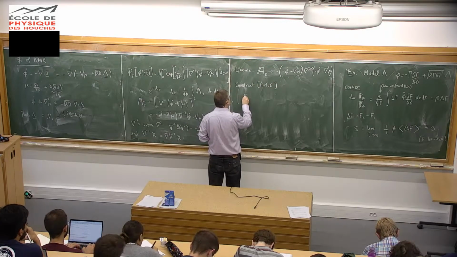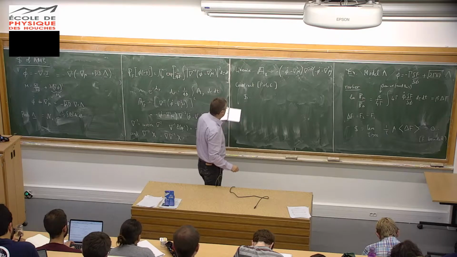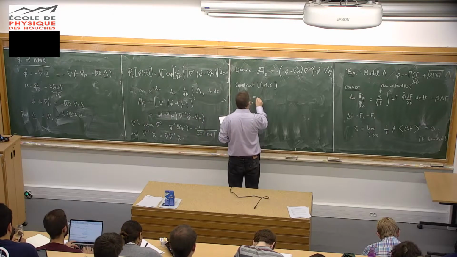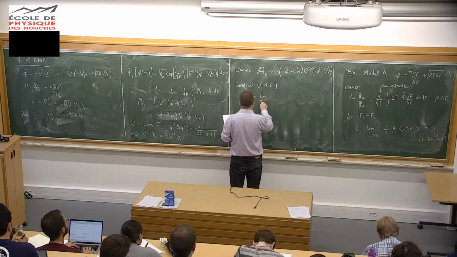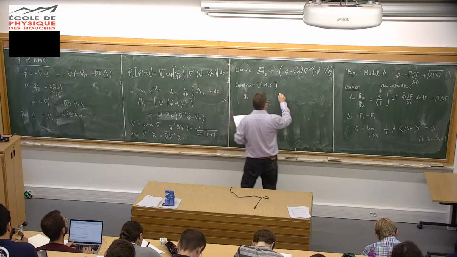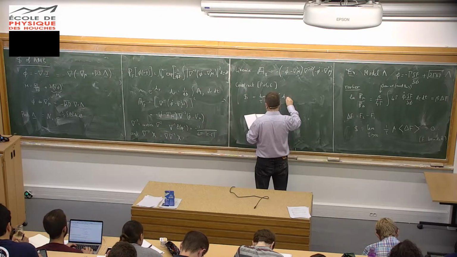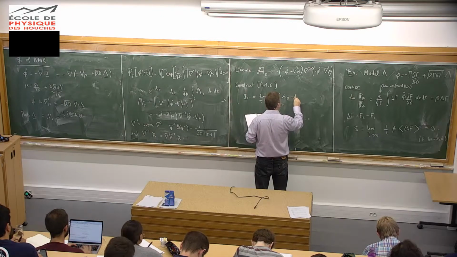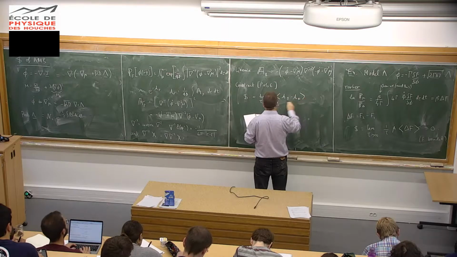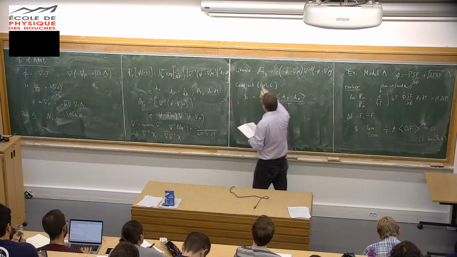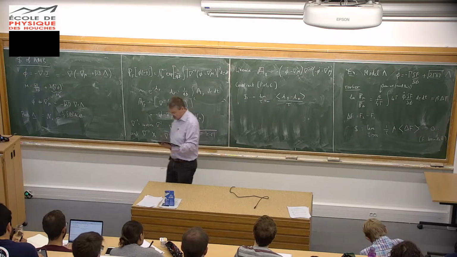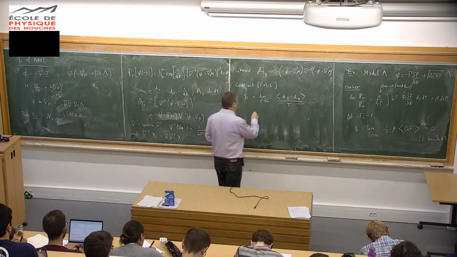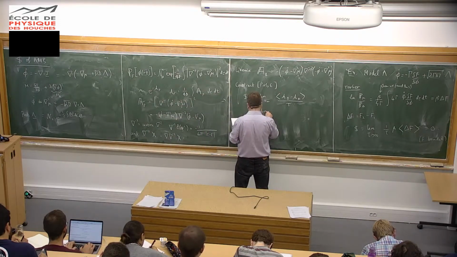What you find when you look carefully at the expression I had for the entropy production, I can write that as the limit tau goes to infinity, average of A backward minus A forward over tau. A is the integral of these action densities, so I can also write that this way, integrated.